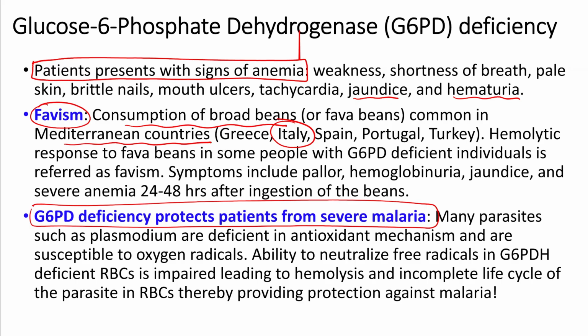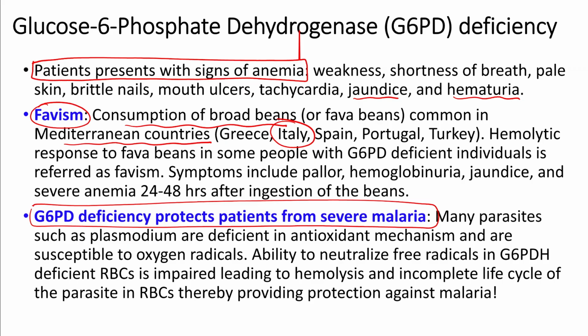This type of disorder, which evolved just to protect against a severe condition, is called heterozygote advantage. In the sense that these are X-linked conditions, females are protected because they have another X chromosome copy.